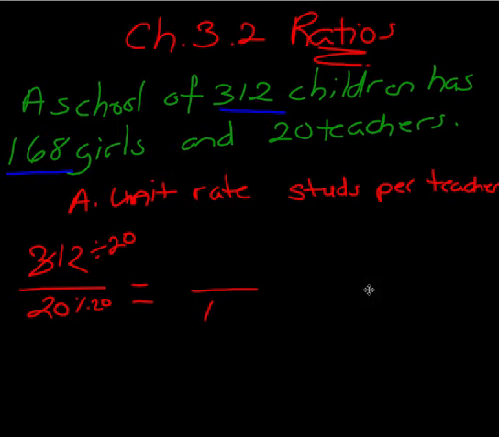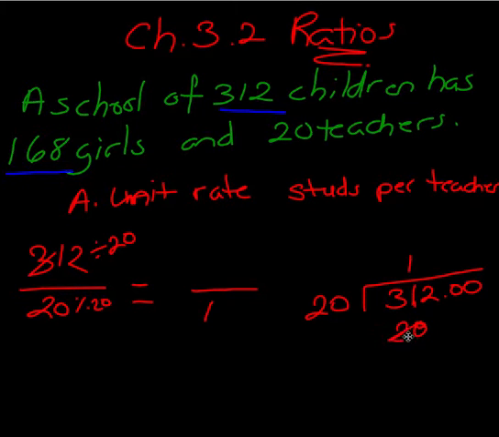So when I work this out, if I set it up, 20 into 312, and I'm going to go ahead and annex some zeros because it's a possibility I'll get a decimal. More than likely I will. All right, so 20 goes into 31 once.